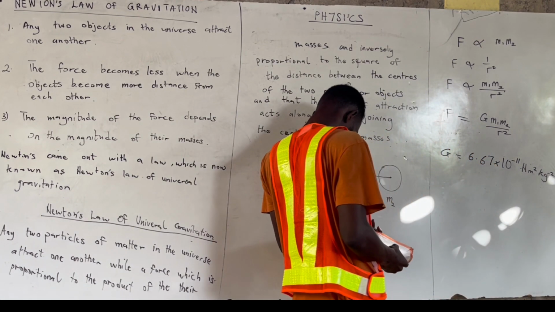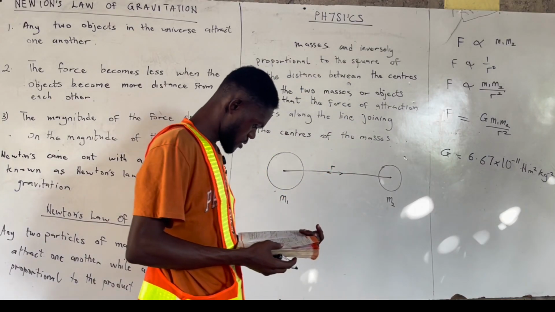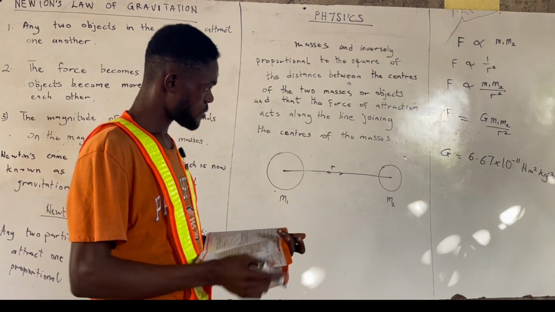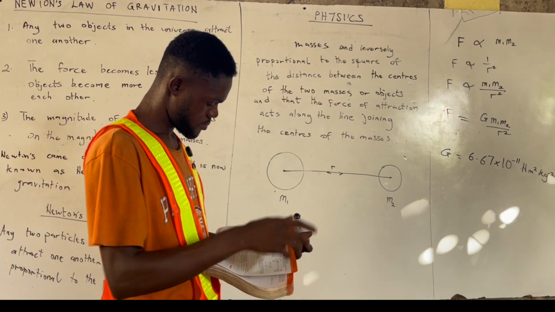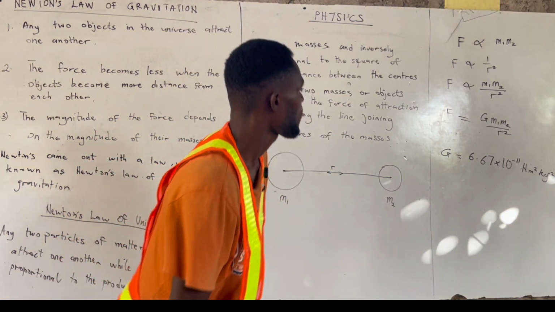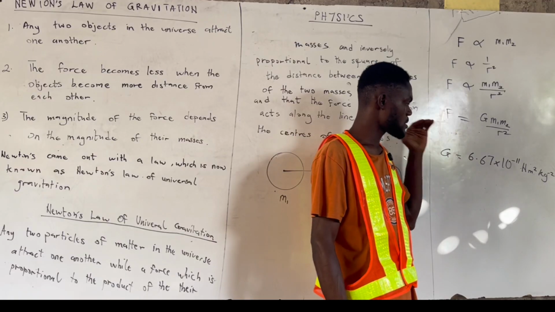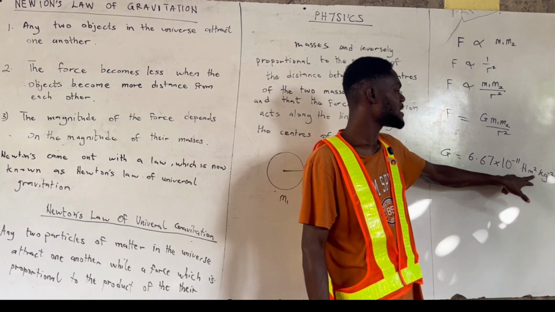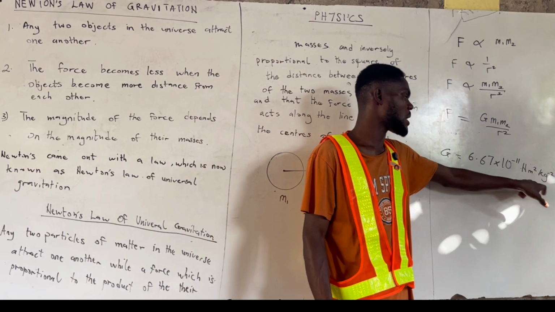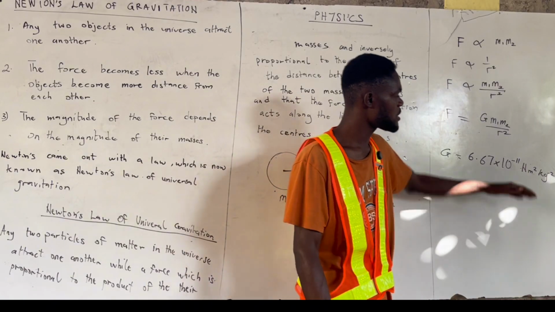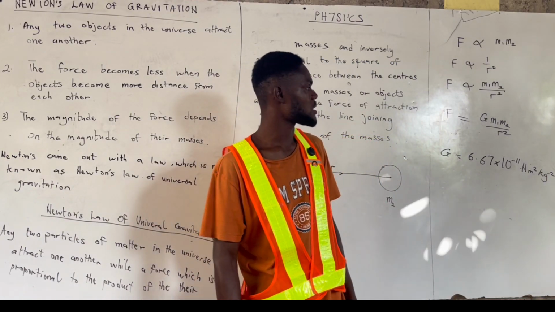So that is the unit. So G is 6.67 times 10 raised to the power negative 11 Newton meter squared per kilogram squared. That is the gravitational constant.